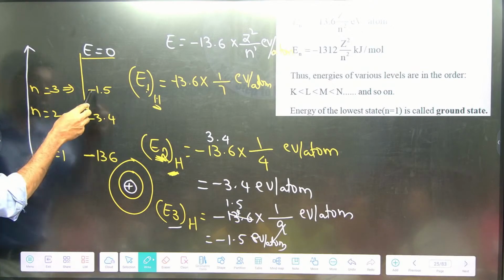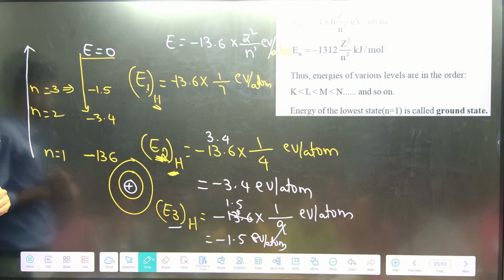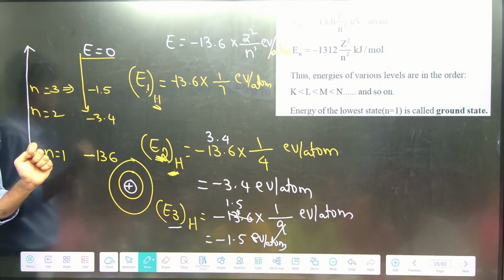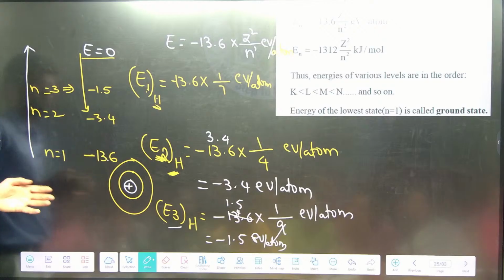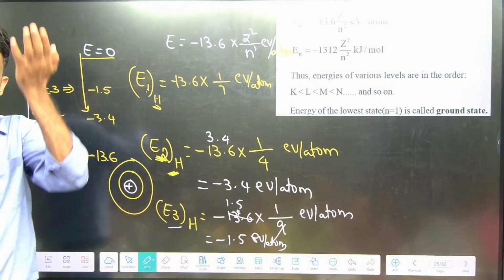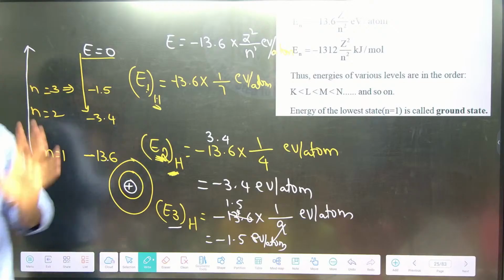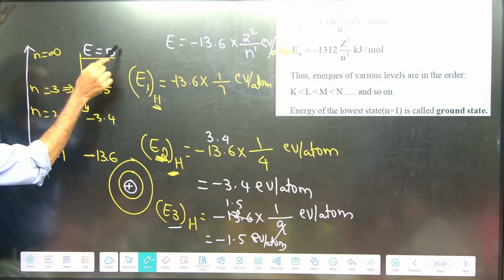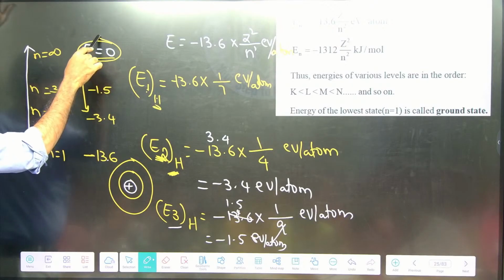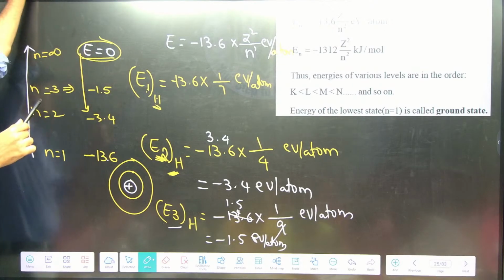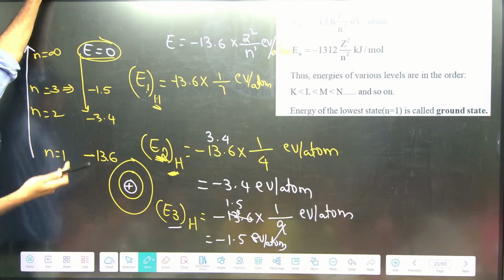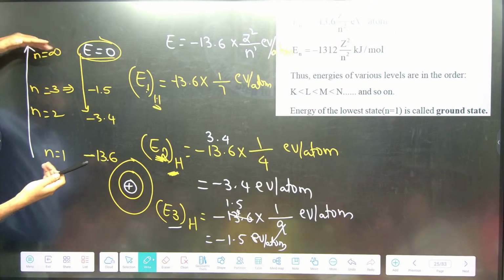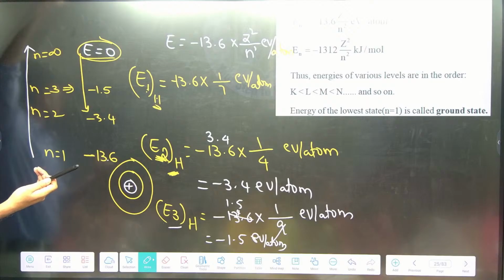See, is minus 1.5 bigger or minus 13.6? Minus 1.5 is bigger. So as n value increases, energy increases, and the maximum energy is when n equals infinity, where you are going to get 0. You don't have positive values here, only negative values, and at n equals infinity you get 0.